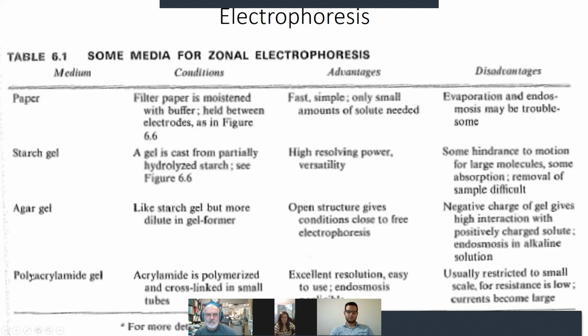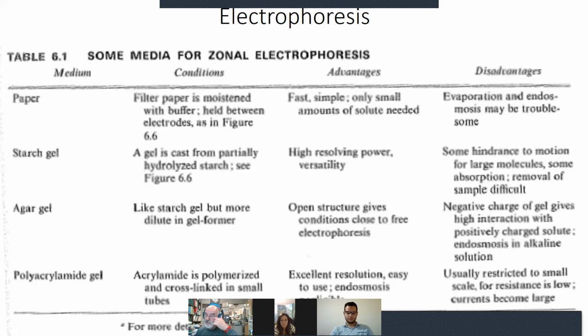Okay. But eventually in the 60s, somebody created something called polyacrylamide. And polyacrylamide is a polymer that will polymerize upon activation with the right catalysts and in the presence of the right cross-linkers. There's something called bisacrylamide that does the cross-linking. And you can make the acrylamide in different concentrations, so you get different pore sizes.